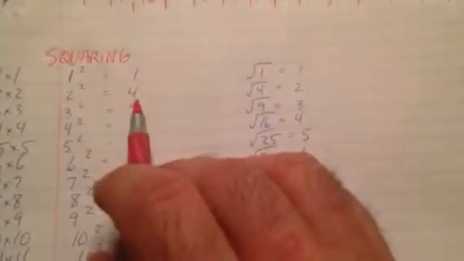Here we're squaring: 1 squared is 1, 2 squared is 4. Here we're doing something called square rooting. So the square root of 1 is 1.